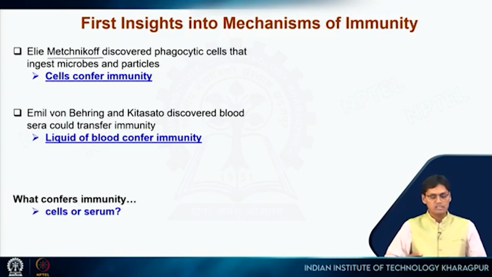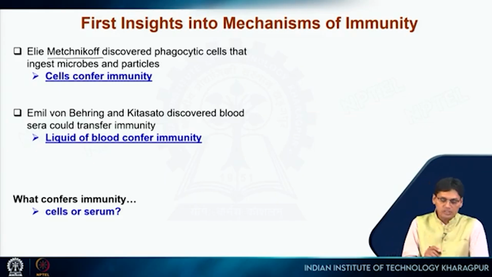So what is the correct one? Do cells or serum confer immunity? This was a long time back, as you can understand, but now we know both are indispensable for immunity, and they protect us.